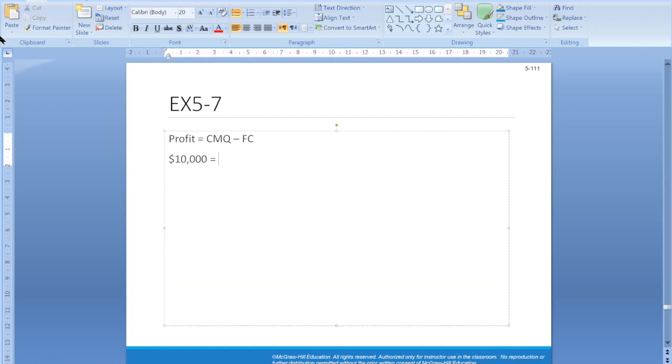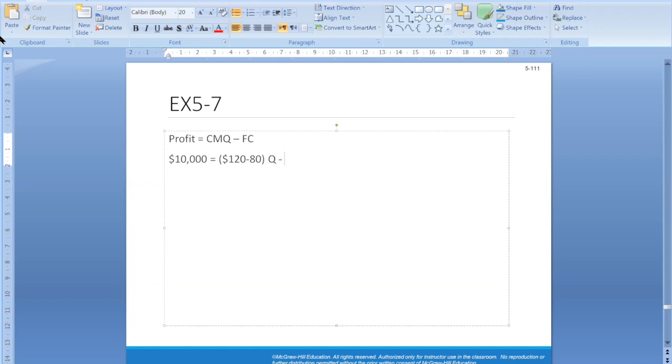So 120 minus $80, all multiplied by Q, which is missing in this case, all minus the fixed expenses.